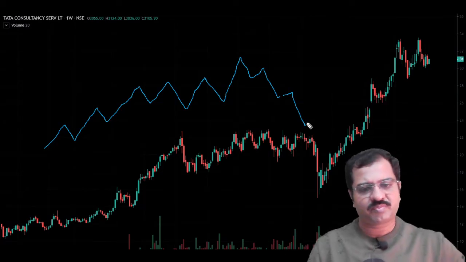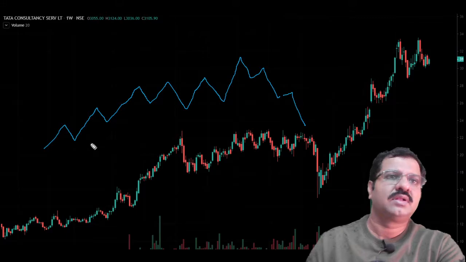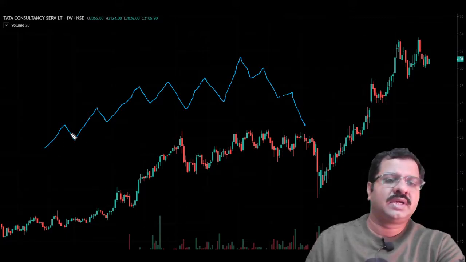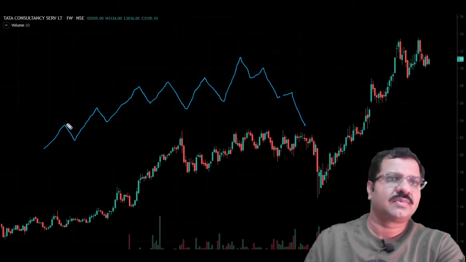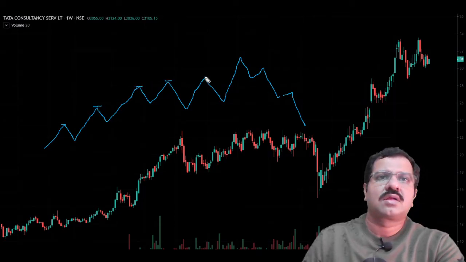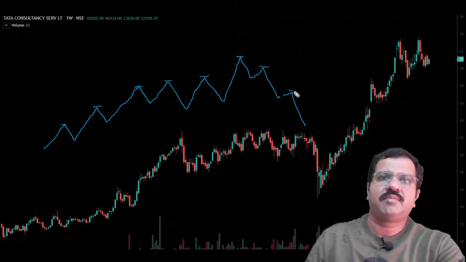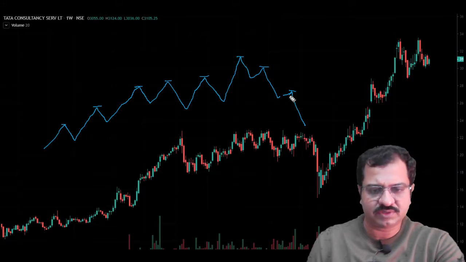Okay, this is our chart. In this chart there are certain reversal points which we can see. I am marking a few of those. I marked a few of the reversal points which are high points.